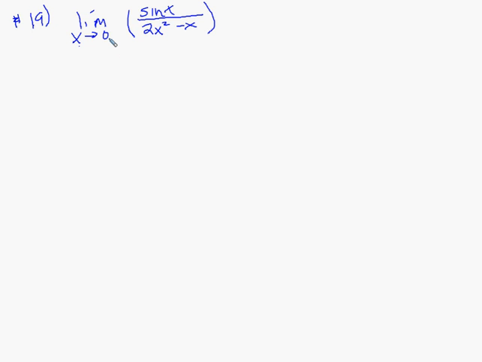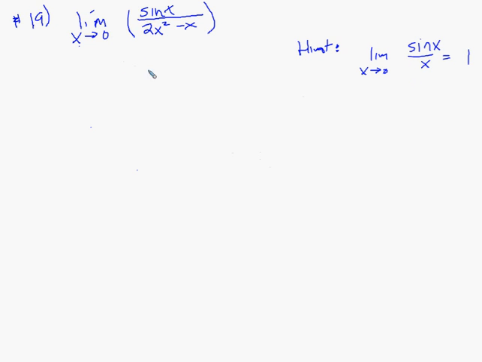If we put in 0, we get a 0 in the denominator, but we also see that we aren't going to be able to factor and cancel with that sine. My pen is going crazy on me. Now the book does give you a hint, and you can use this hint if you want. It tells us that the limit as x approaches 0 of sine x over x equals 1.